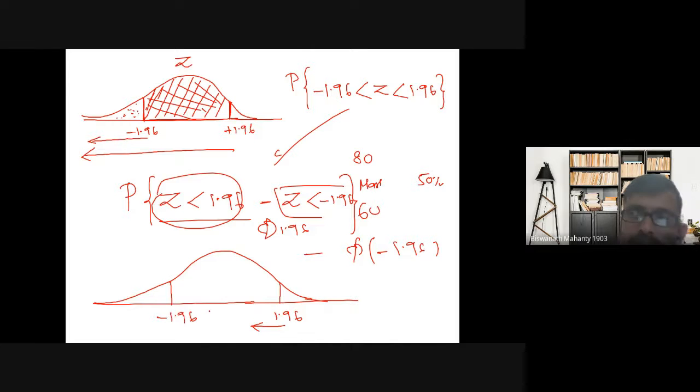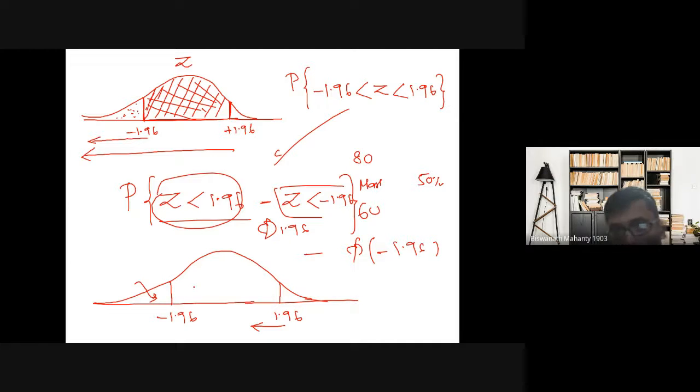But unfortunately, in my table, the table given to you in the textbook, they do not talk about phi of negative values. They only talk about positive. So finding the area of phi minus 1.96 from a textbook is difficult. So what is the solution? That means I am looking for this area, right? Minus 1.96 means I'm looking for this area. But in the textbook, mostly they don't give it.